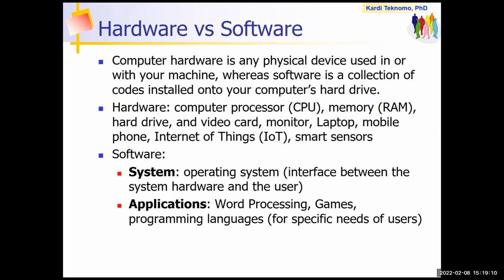The hardware includes the laptop, mobile phone, Internet of Things, smart sensors in your home, and so on. Using Python, you can also deal with smart sensors. That's why we use Python in this course.